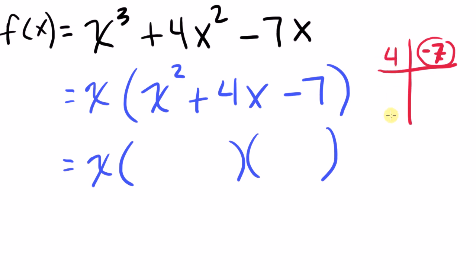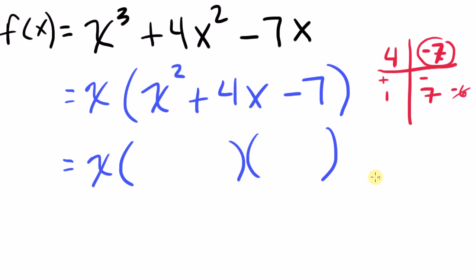The signs are different, so one's got to be positive, one's got to be negative. So here we go. What is 1 and 7? What's that give me? A negative 6? That doesn't work.